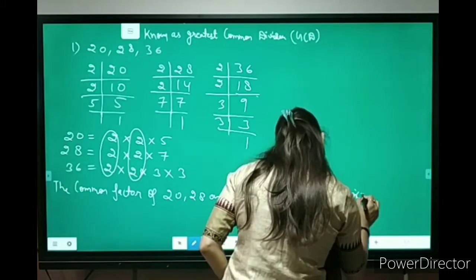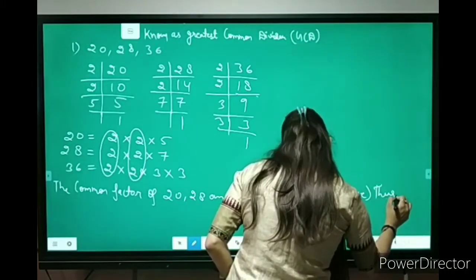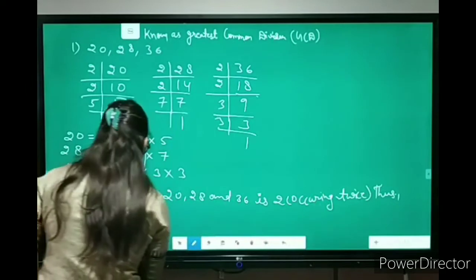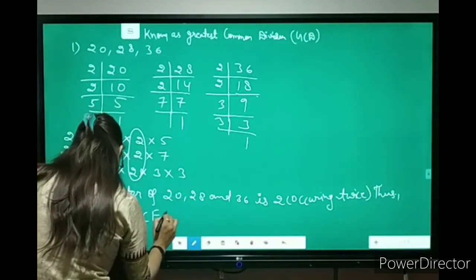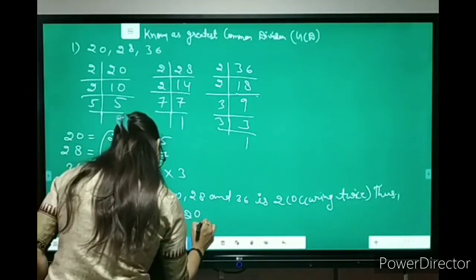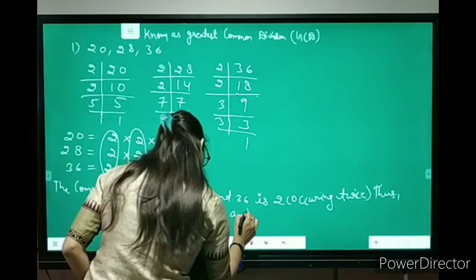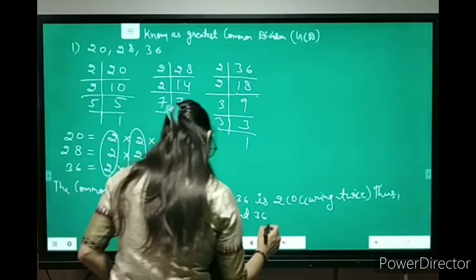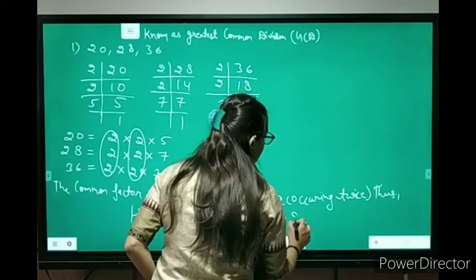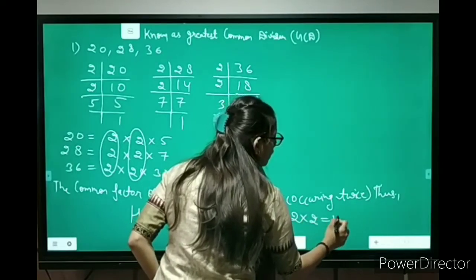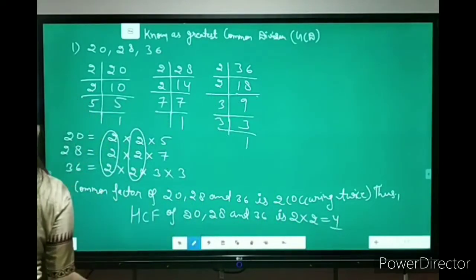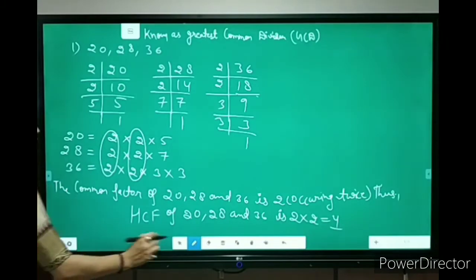Thus, the HCF of 20, 28 and 36 is 2 multiplied by 2 equals 4. HCF is 4. Okay.